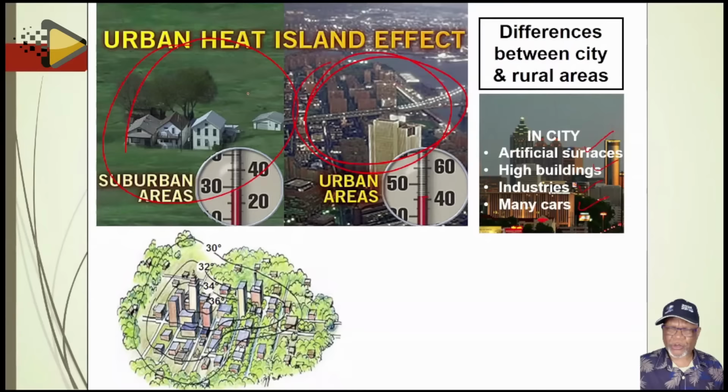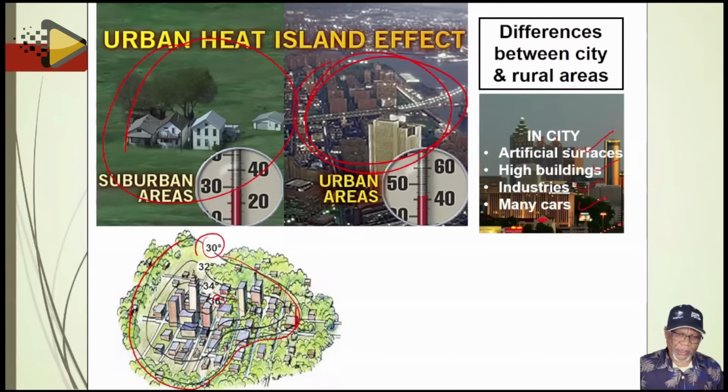What we're looking at here are the isotherms. What are isotherms? Those are the lines that join places with the same temperature. If we look at this isotherm and follow it right around, it shows that the temperatures around here are around 30 degrees. But when you go to the center here, the temperatures are around 36 degrees.